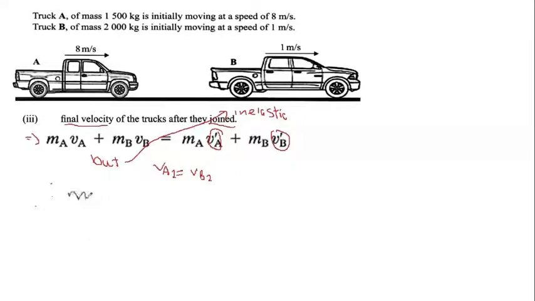So I'm going to rewrite MA VA1 plus MB, mass of B, multiplied by velocity B1 is equal to, wait, hold up, what we're supposed to be doing is factoring.